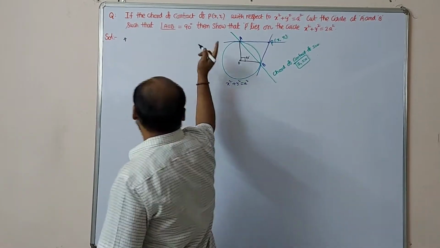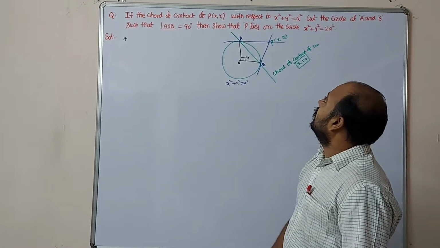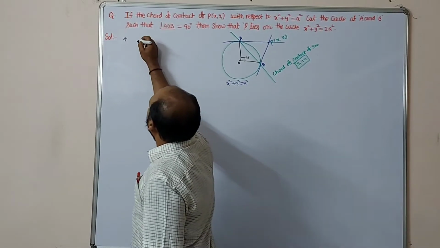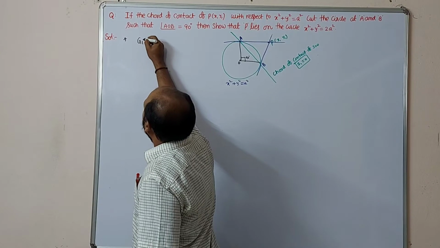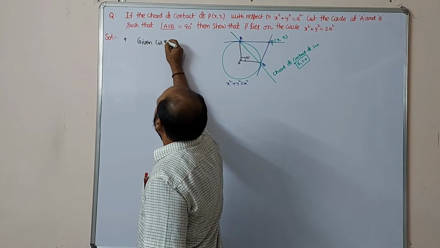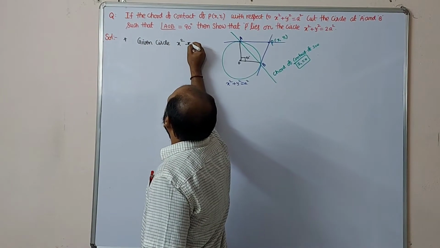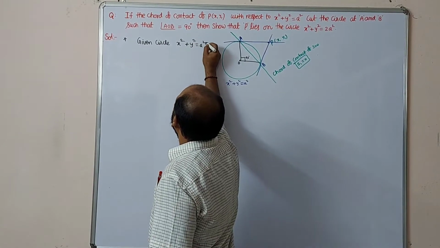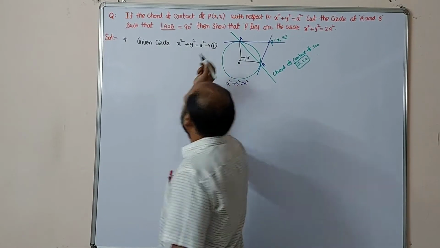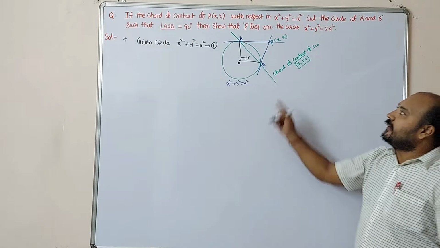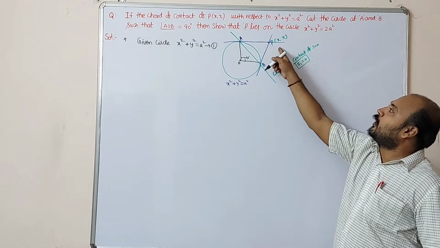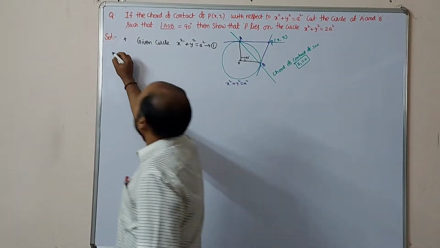First, the given circle: x square plus y square is equal to a square. Put that as equation number 1. Next step, the chord of contact of point P with respect to equation 1.